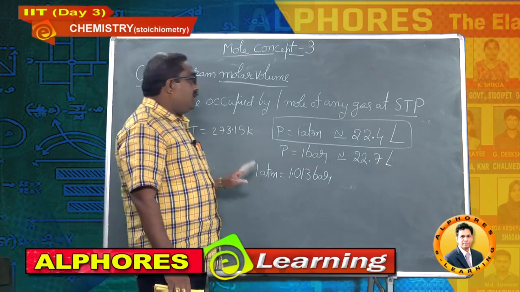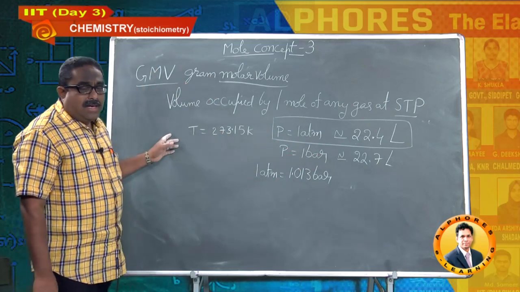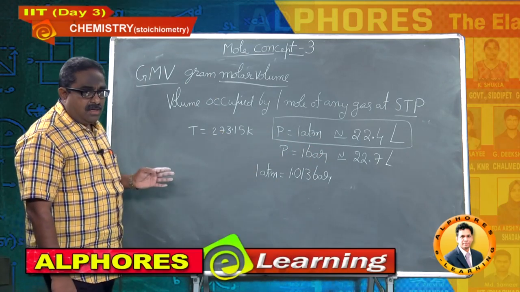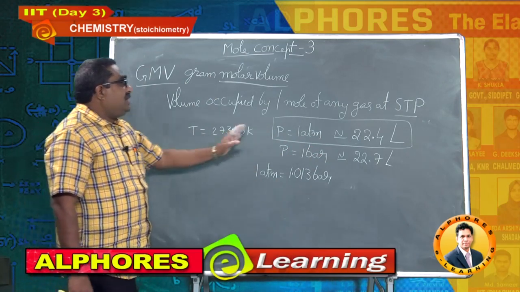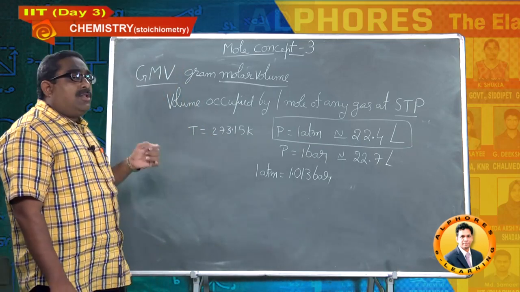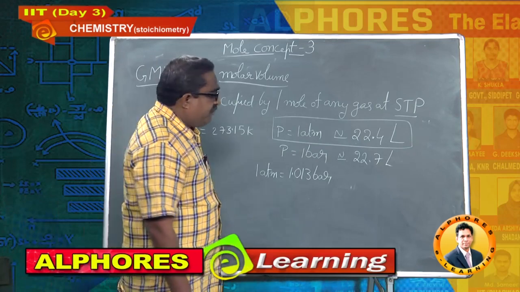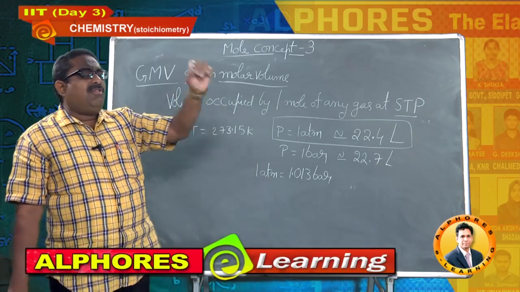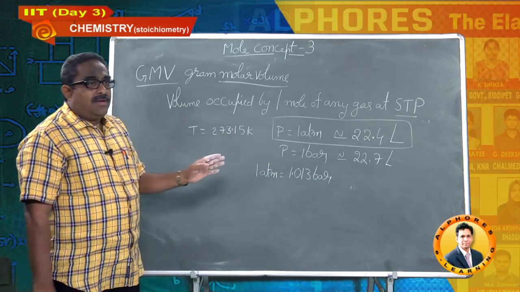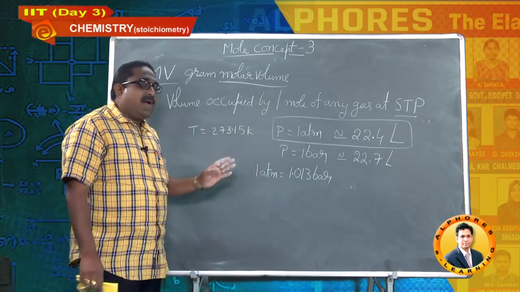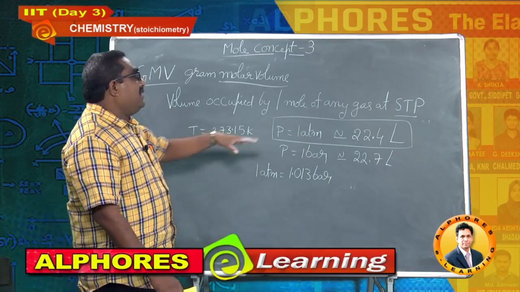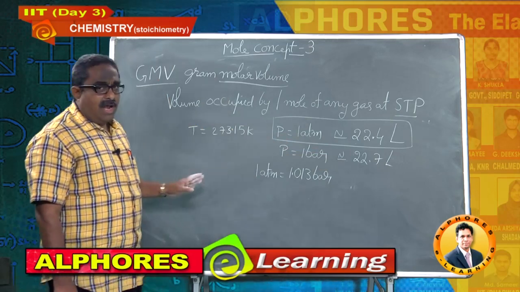So, this is the data regarding STP, standard temperature and pressure. If these are the conditions, that is called STP conditions. At those STP conditions, any gas, according to the concept, should occupy 22.4 liters only. Of course, small differences may be there, but the average values are these.